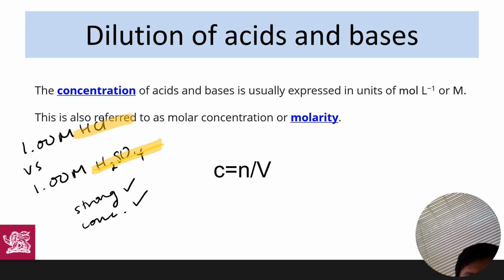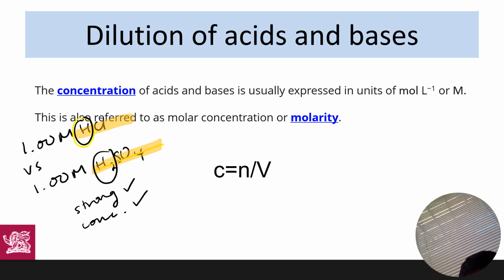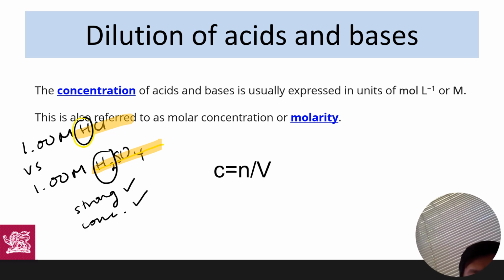However, the difference is that hydrochloric acid is monoprotic and sulfuric acid is diprotic. And so sulfuric acid would have double the amount of hydrogen ions to donate.